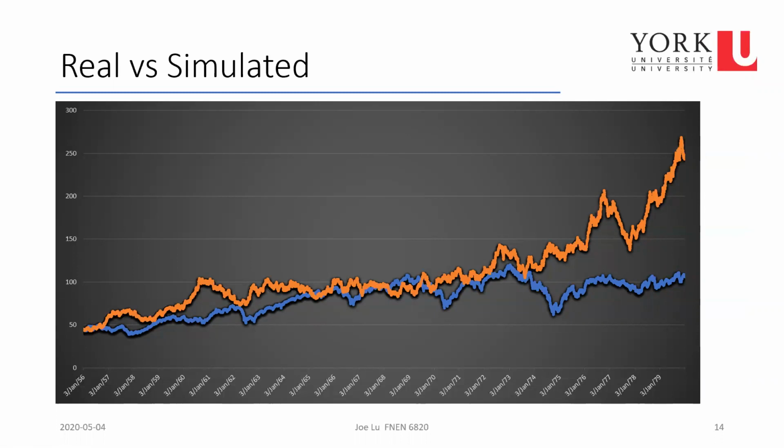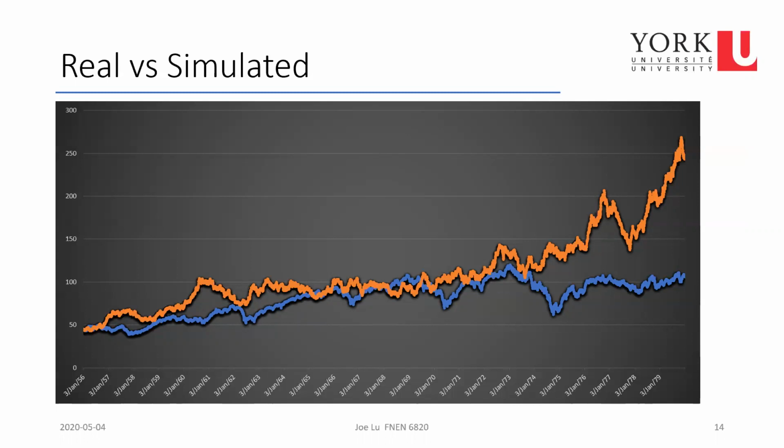The simulated one is based on a particular stochastic process with a calibrated drift and volatility, meaning a calibrated mu and a calibrated sigma here. The reason I'm putting them side by side is, can we distinguish which one is the real stock price index, and which one is the simulated one based on a stochastic process?